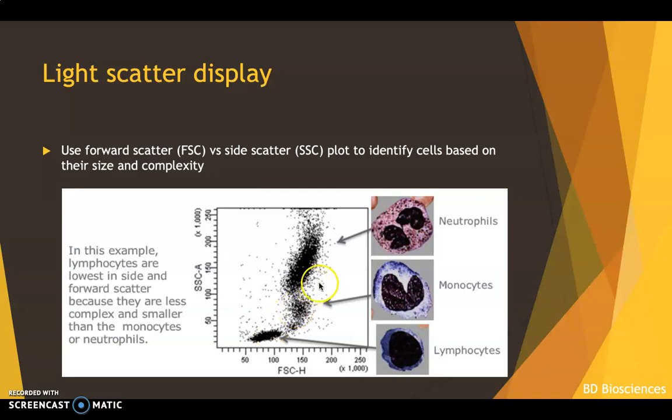Neutrophil and monocyte have about the same size. However, neutrophil is a lot more complex or granular compared to monocyte, hence it will sit higher on the scale of SSC, which is the y-axis here.